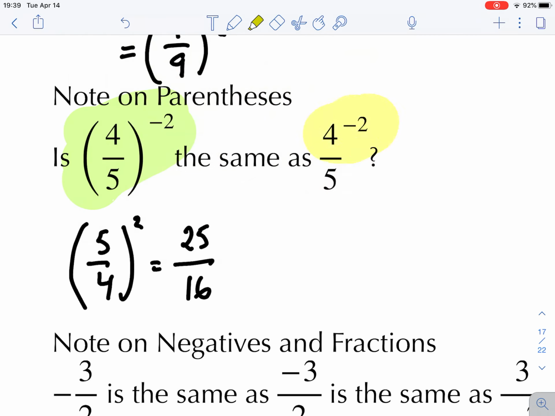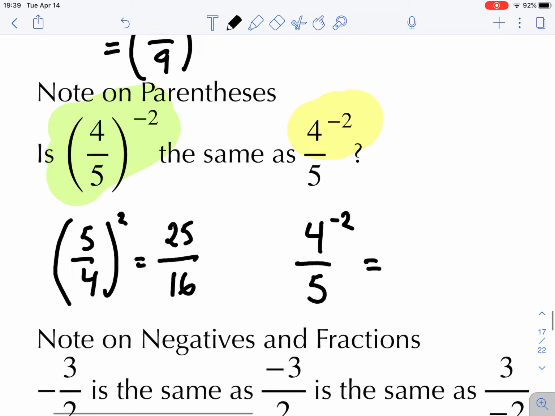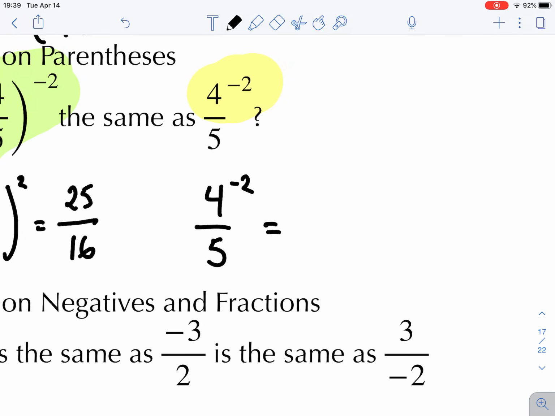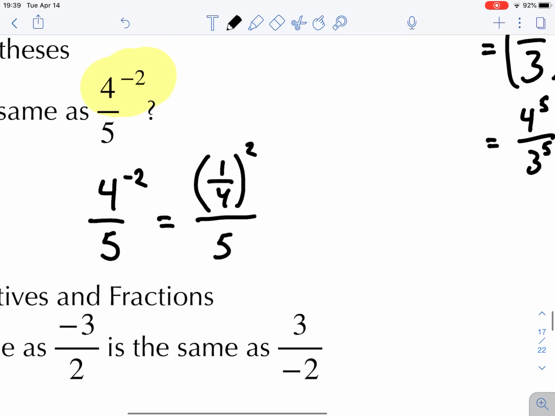Now in this question right here, the negative 2 only applies to the 4. So 4 over 5 to the negative 2. Well, that negative 2 only applies to the 4. So we are going to get 1 over 4 squared over 5, which is going to equal 1 over 16 over 5.